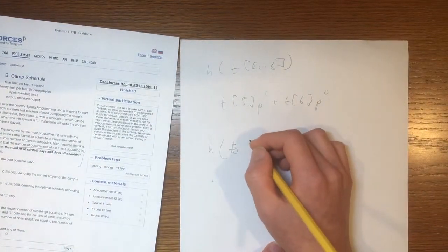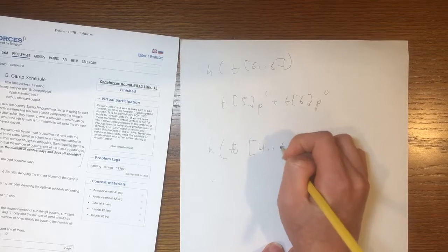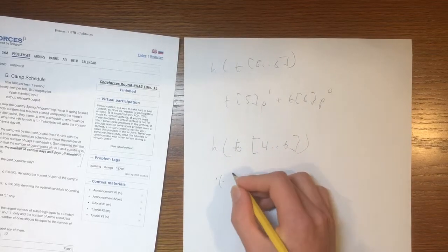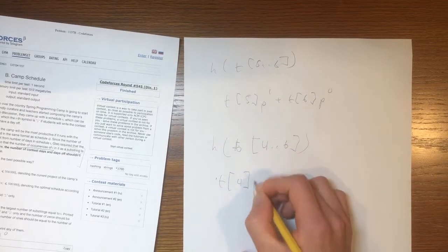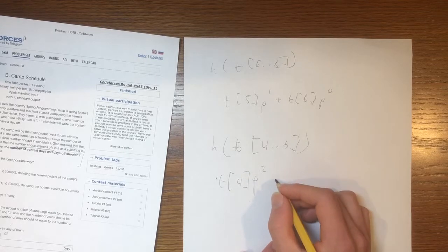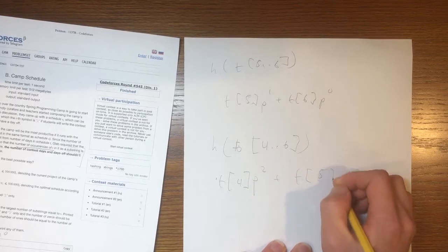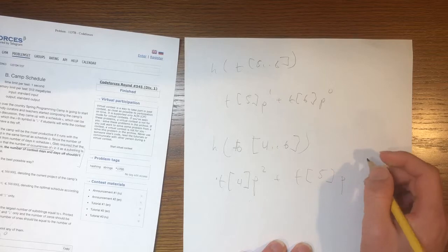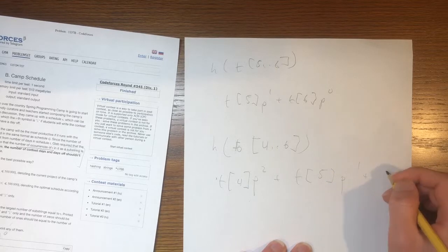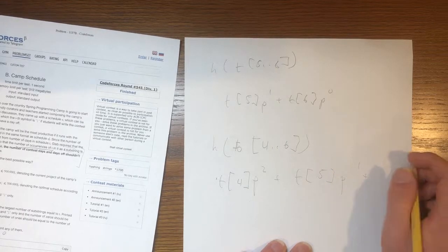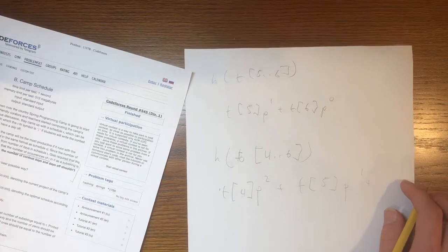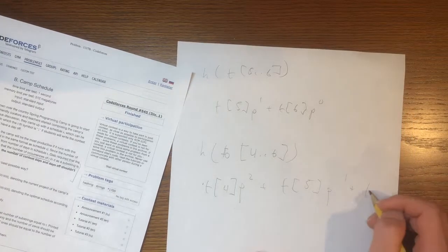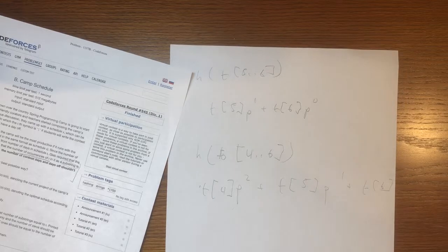So over here, if we want to see what 4 to 6 is, let's rewrite this expression. t of 4 times p to the second plus t of 5 times p to the first plus t of 6.